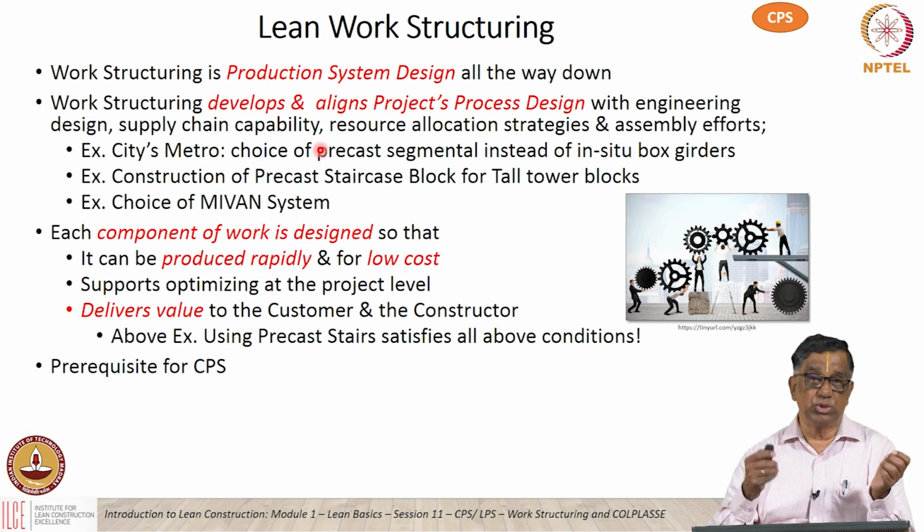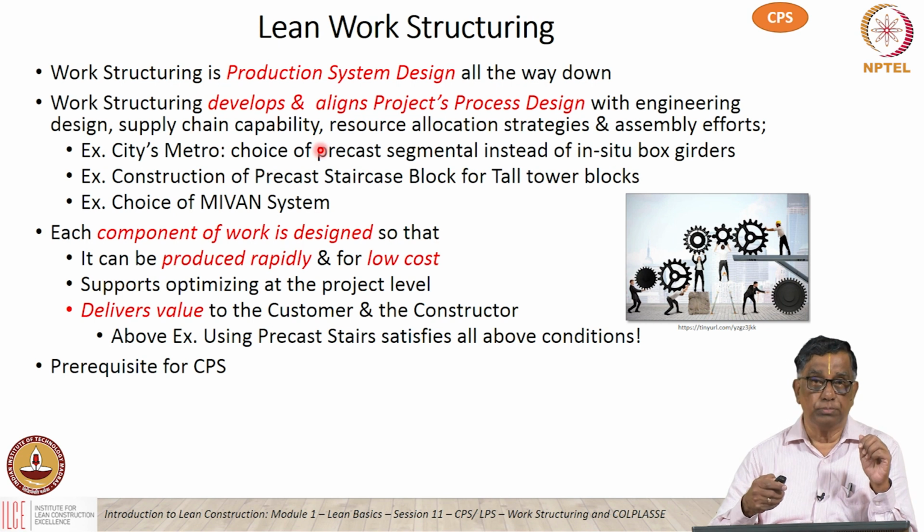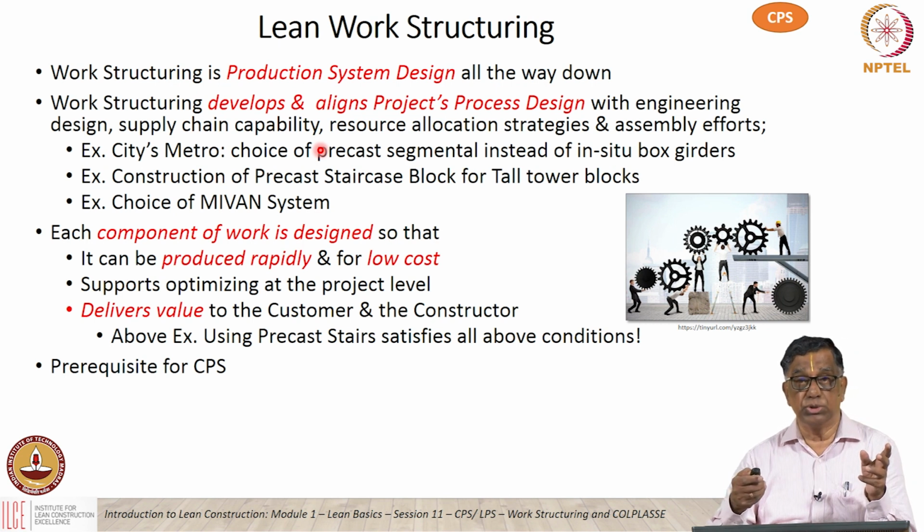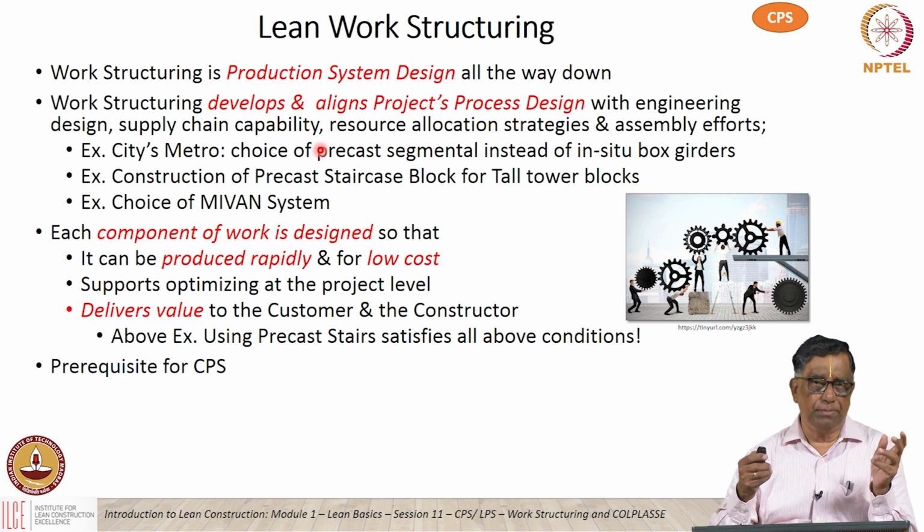For example, in a multi-story building, you may need to decide to use precast concrete staircase blocks to speed up the process of going from floor to floor. Or in some other building you may choose to use aluminum formwork, the MIVAN system for example. That kind of broad decision has to be made in the beginning as part of Lean work structuring.